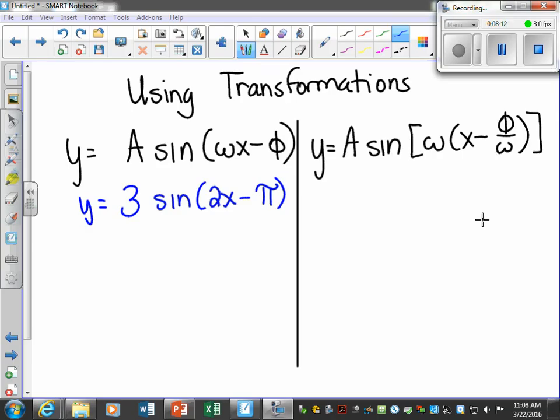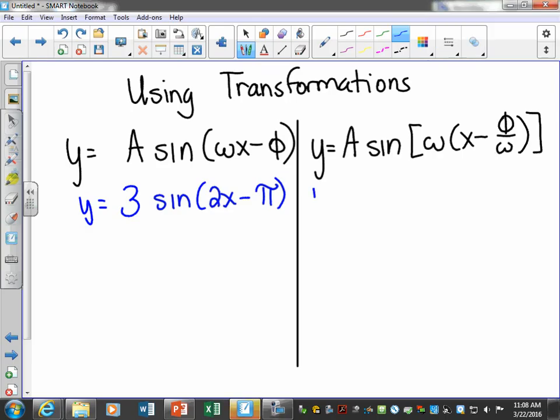So let's work on doing that. So we would have y is equal to 3 sine. We would pull the 2 out and we would just have x by itself. Now if that's the case, we're just going to have pi, which is still our phi. Phi is pi, right? So pi over what's omega? 2.